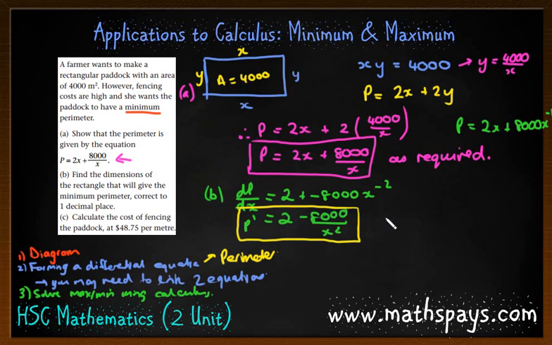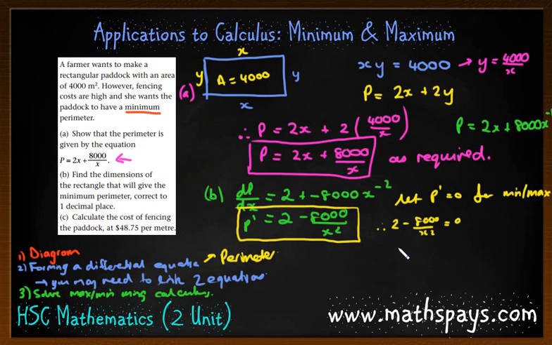Once I've got that, we know that we're going to let P dash equal 0 for minimum or maximum value, or for stationary point, or whatever you want to call it. Therefore we've got 2 minus 8,000 over x squared equals 0.